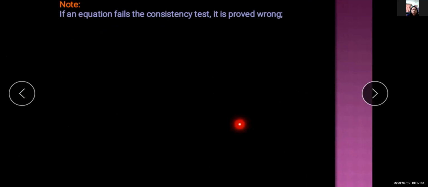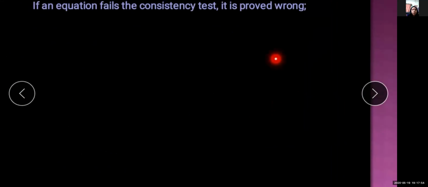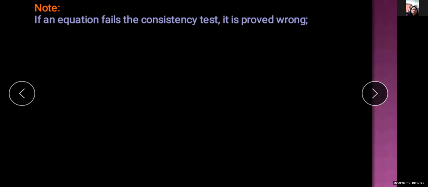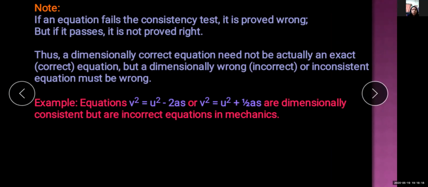Note, an equation fails the consistency test if it is proved wrong. If the dimensions on both sides do not match, we can say the given formula is incorrect. But if it passes, it is not proved right. Thus, a dimensionally correct equation need not be an exactly correct equation, but a dimensionally wrong or inconsistent equation must be wrong.